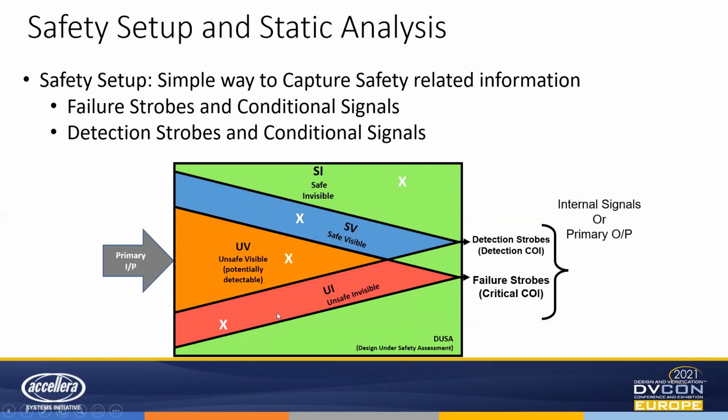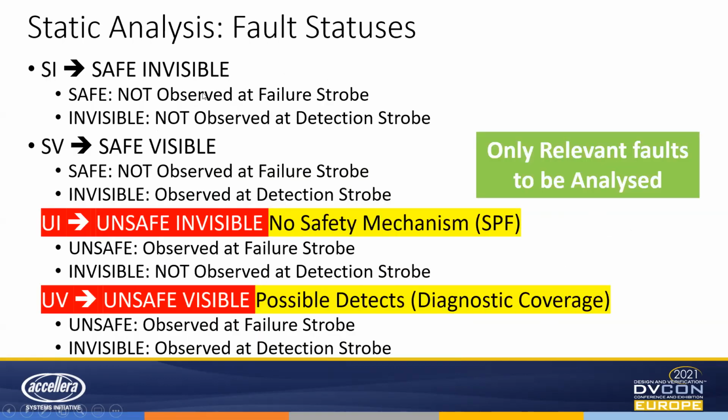Optima safety analysis will give you a clue about which are the important faults to be considered for further analysis, which are UV and UI. What we propose first is to make sure that all your faults have a safety mechanism. So you first attack the UI area, then go to the UV area, and then next to simulation and things like that. This is a simple classification, as I mentioned in the previous slide.